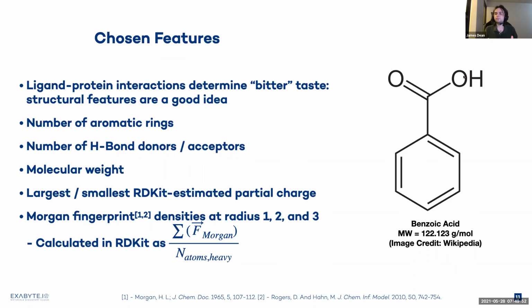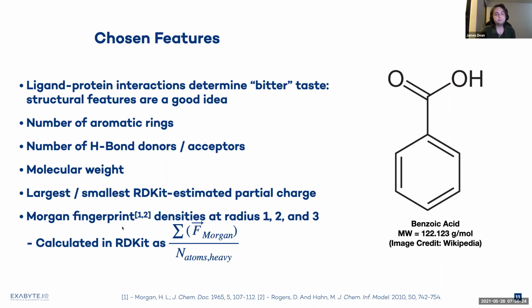That might matter because it's related to the hydrophilicity of the molecule, and H-bonds often matter to these protein binding sites. We also have the molecular weight, which gives a descriptor of the size of the molecule. We have the largest and smallest partial charge, estimated by RDKit, which again might matter because how polarized the molecule is will help matter to its binding.